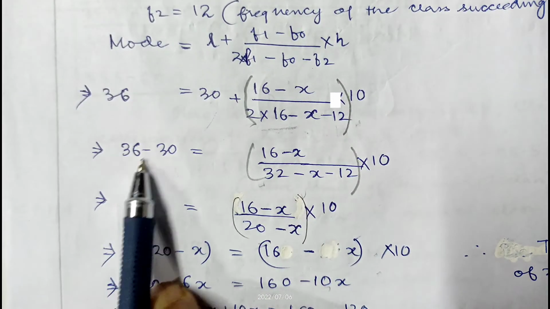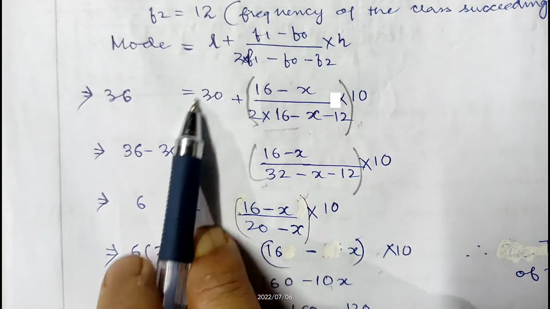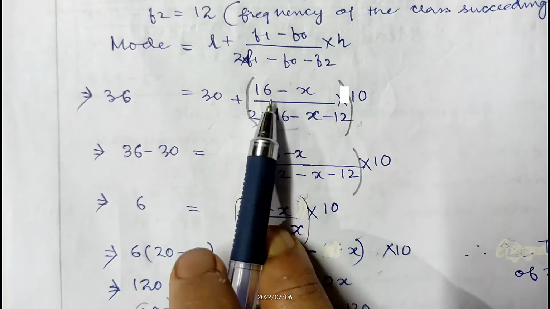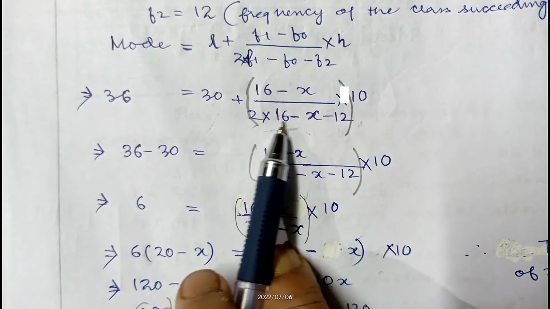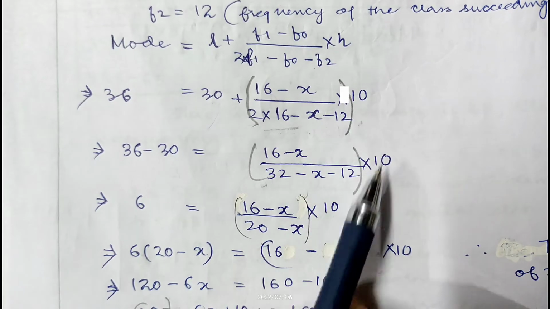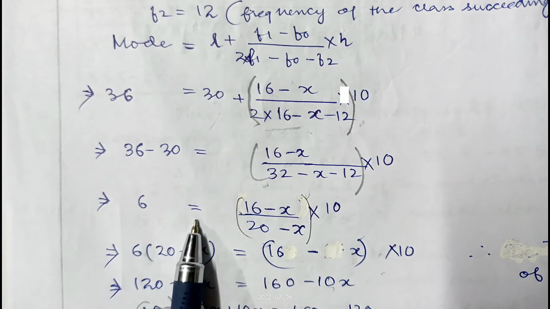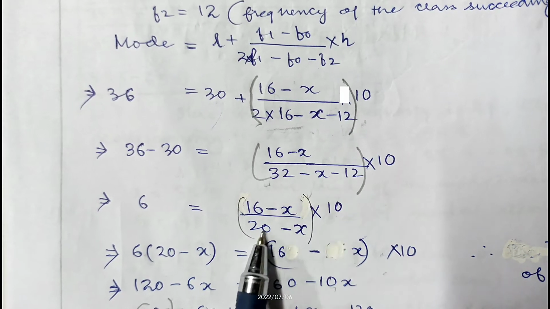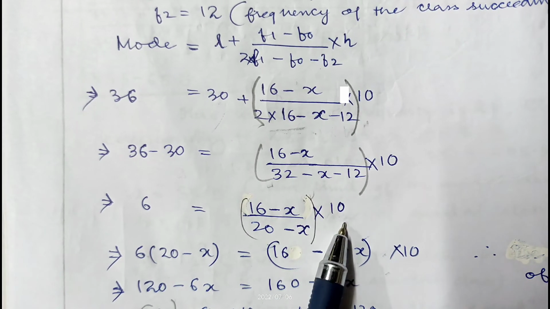So 36 minus 30, this 30 if I transfer to the other side, it will be minus 30, equals 16 minus x by 32 minus x minus 12, into 10. So 6 equals 16 minus x by 32 minus 12 is 20 minus x, into 10.